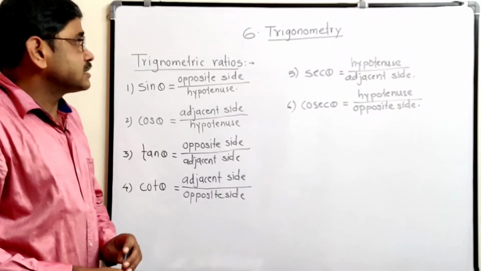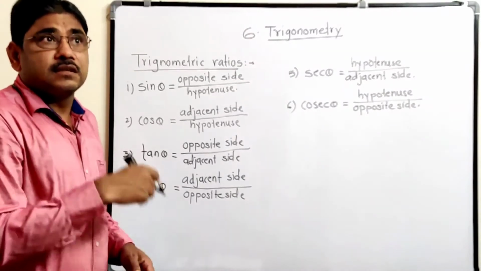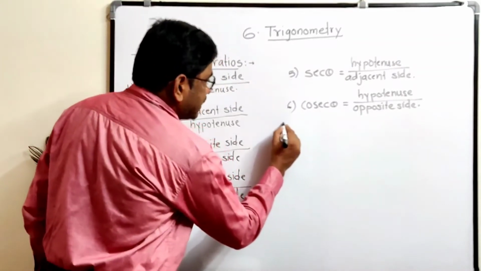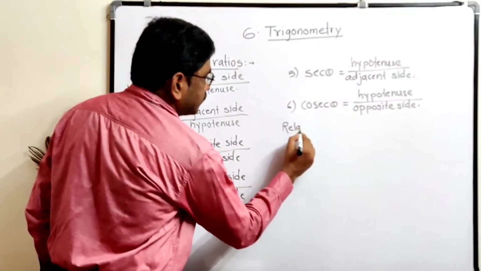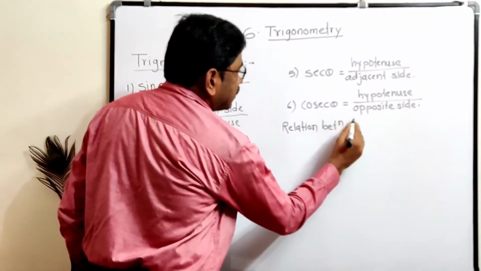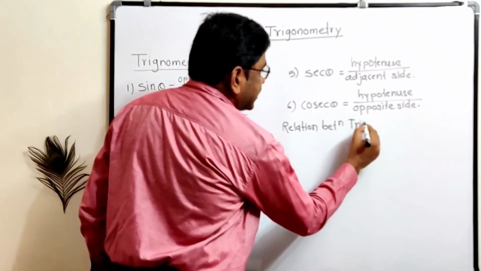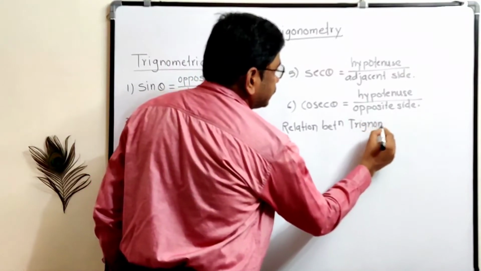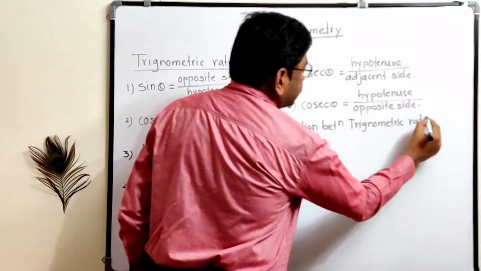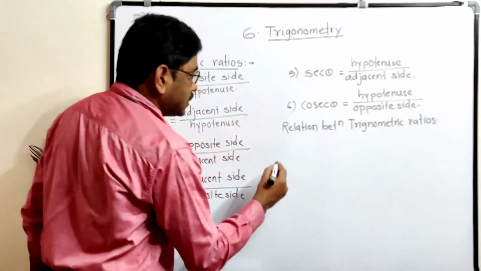Now there are relations between these ratios, which are the first relations between trigonometric ratios. So what are the relations?